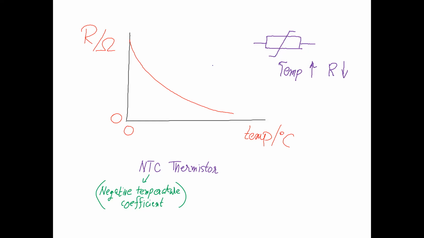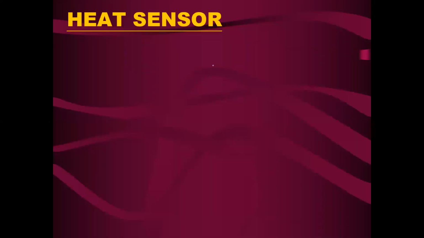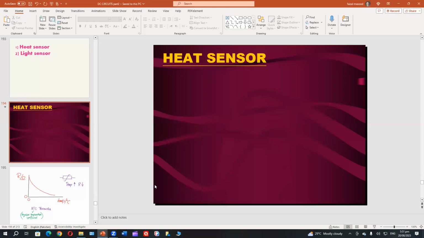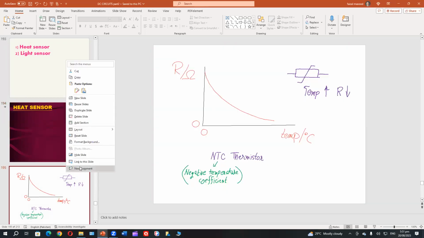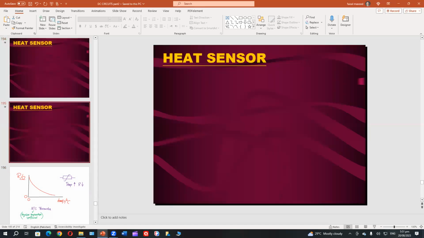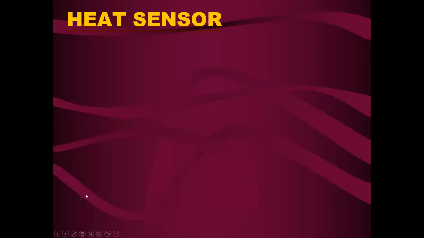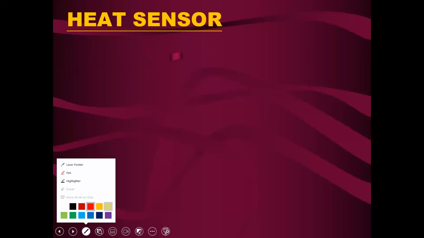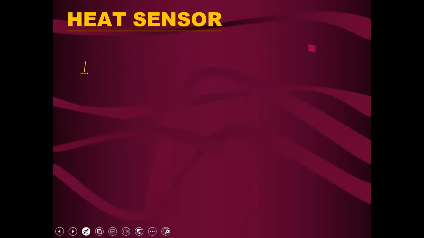When temperature increases, its resistance decreases. So what are we using in a heat sensor? What do you mean by heat sensor? A heat sensor will be using a thermistor, and it will respond to temperature changes.